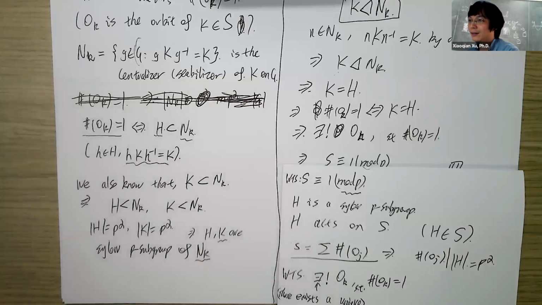So if you have any kind of questions, just feel free to ask. Because the first time you see this proof, you must need some time to digest, and you must have some problems, because I don't think you are very familiar with group action, since we just mentioned it on Tuesday, right? You don't have any practice on group action.